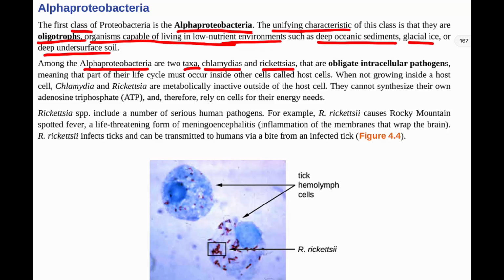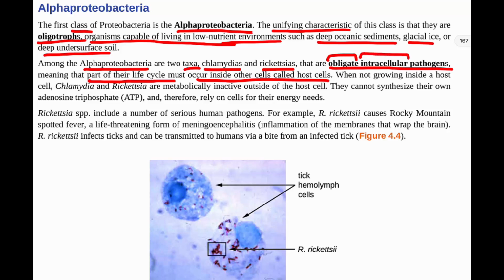These are obligate intracellular pathogens, meaning that part of their life cycle must occur inside other cells, called host cells. So the Chlamydias and the Rickettsias have to have part of their life cycle inside other cells. Obligate means they have to; it's an obligation. Intracellular means within the cells.